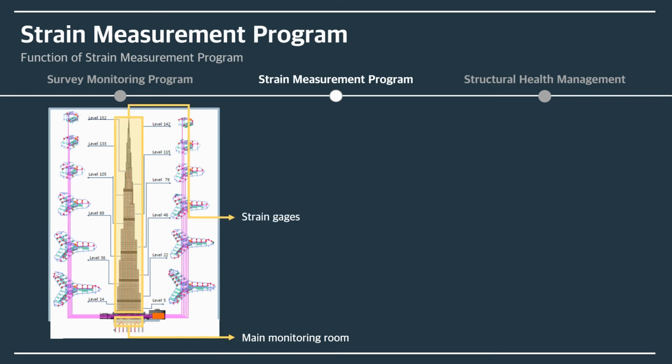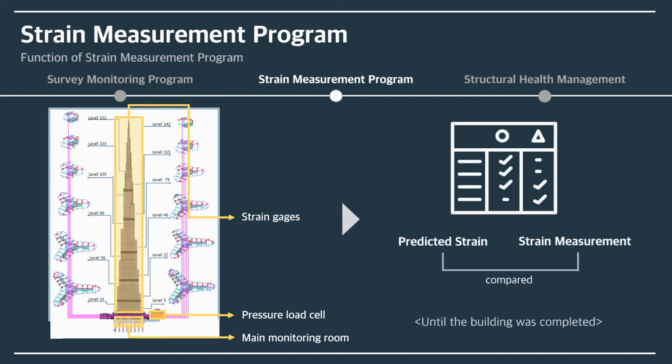Strain gauges were installed throughout the building. Pressure load cells were installed in the foundation. The strain measurement was compared with the predicted strain of the building through the construction sequence analysis model. This was done from the time the strain gauge was installed until the building was completed.